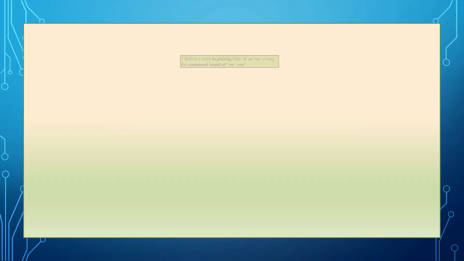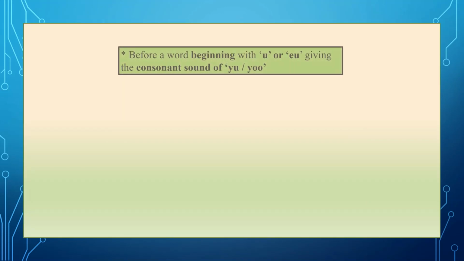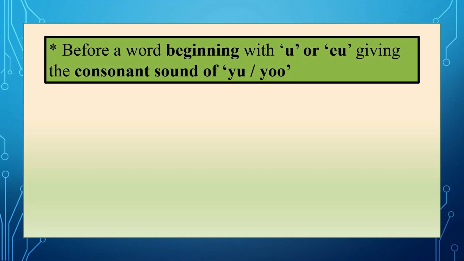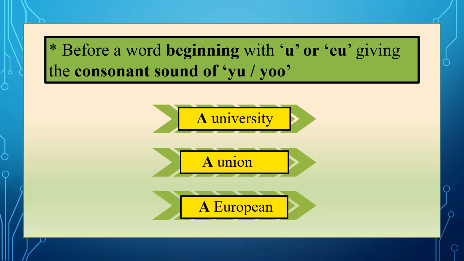We use a before a word beginning with the letter U or EU, giving the consonant sound of U. For example, a university, a union, a European.